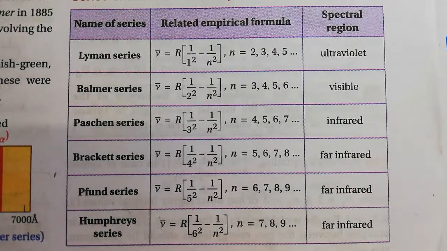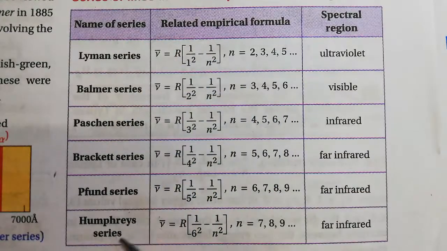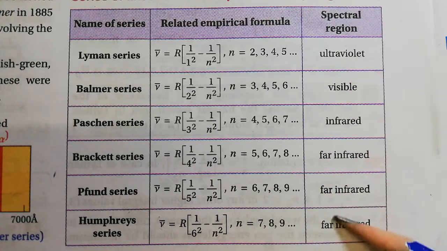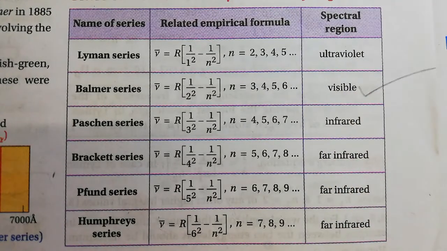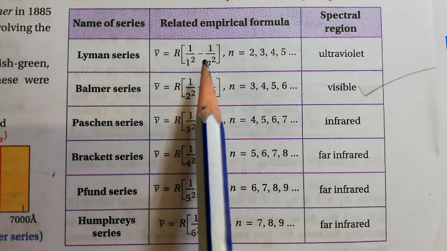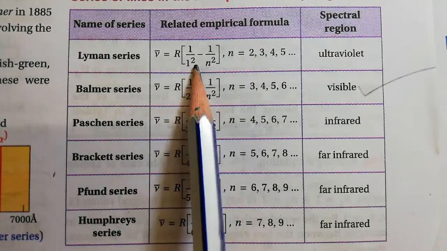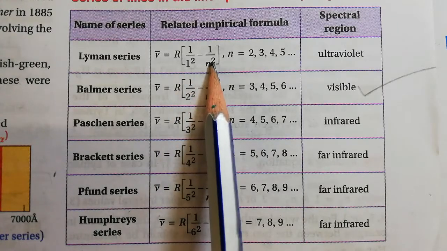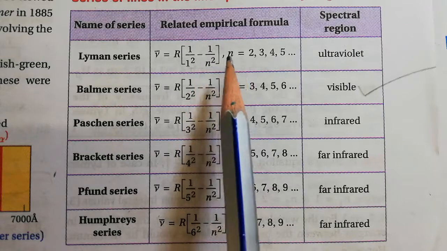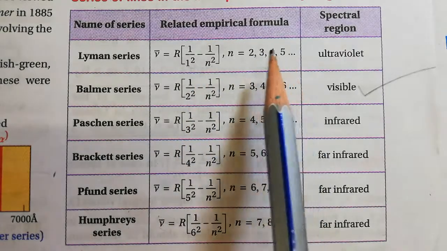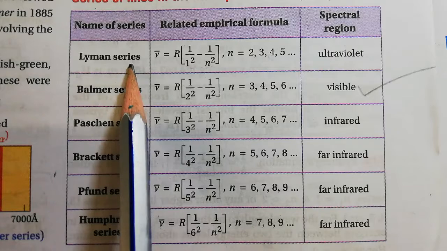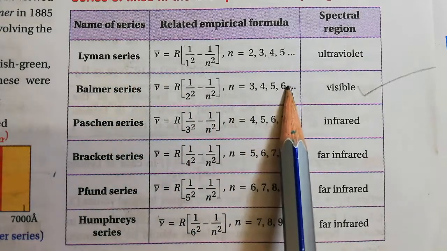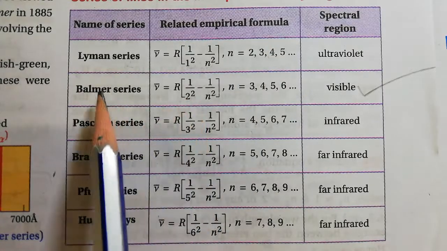This is a very important chart showing the different series, their wave equations, and the range in the spectral region. Only one series is in the visible range. You have to understand the n1 and n2 values. n1 is the shell into which electrons are coming, and n2 is the higher energy shell. Whenever an electron jumps from the second, third, fourth or fifth shell to the very first shell, the Lyman series is obtained. If an electron jumps from the third, fourth, fifth or sixth shell to the second shell, you get the Balmer series.